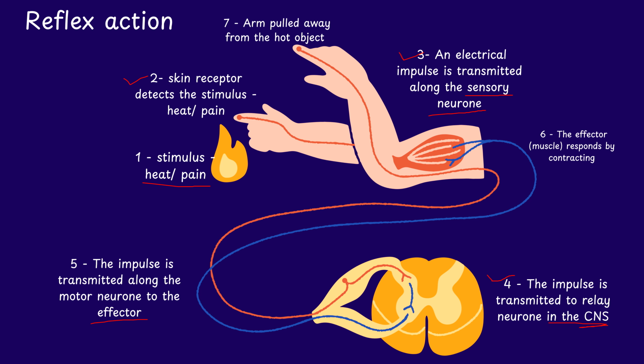And then number 6, you need to name the effector. The effector in this case is a muscle, and you must say how the muscle will respond. It will contract. And number 7, the arm is pulled away from the object. This is what you need to have down for your extended response question that is linked to reflex action.